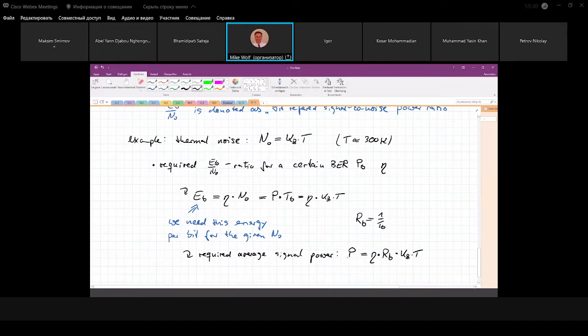So if I want to transmit with 1 gigabit per second instead of 1 megabit per second, I need 1,000 times more power, because I need to ensure the same energy per bit. If my bits are 1,000 times shorter than before, to have the same energy I have to increase the power of these pulses by a factor of 1,000.